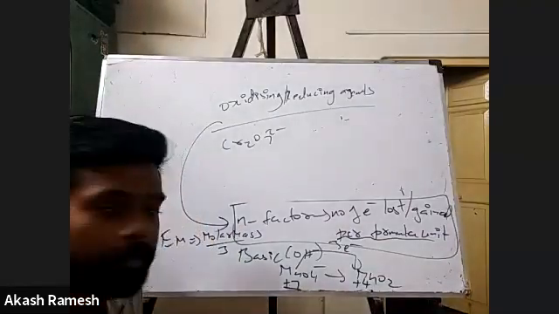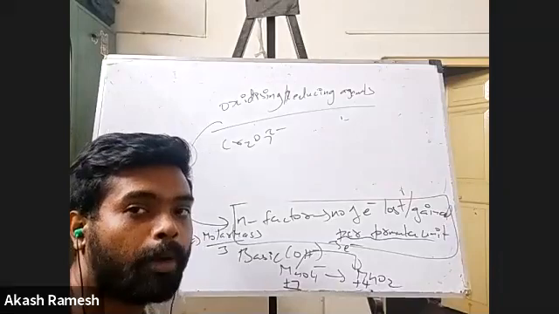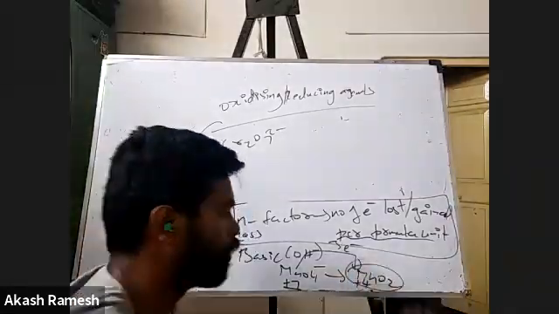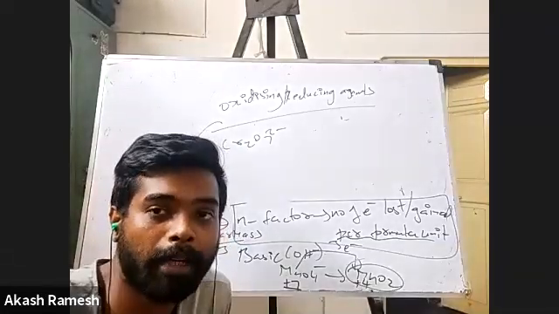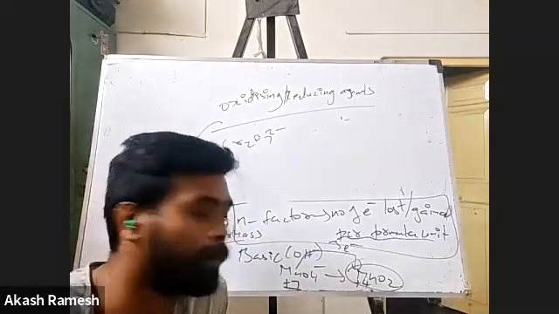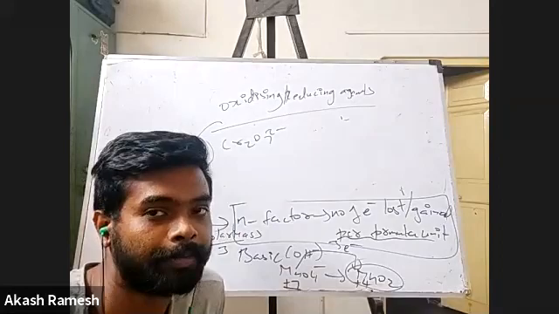Before that, tell me, if KMnO4 or MnO4 minus is in a neutral medium, what will be the product formed? In case of acidic medium, I form Mn2 plus. In case of basic medium, I form MnO2. What will happen if I have a neutral medium?